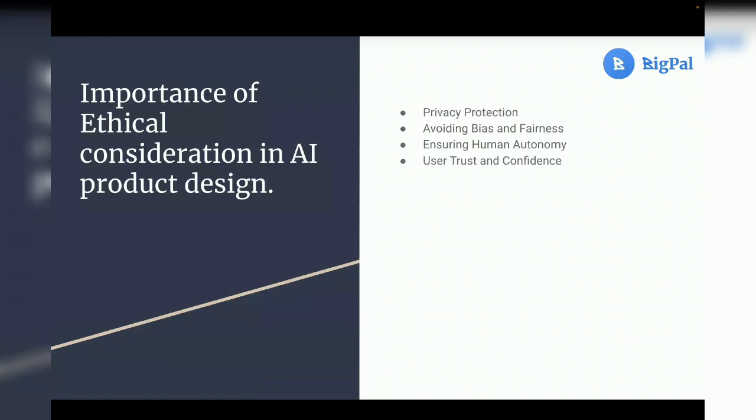Another one is user trust and confidence. Very important. They must trust your product well enough to use it. Say I need to read for an exam and I need to generate a key point summary because I do not have enough time to read.